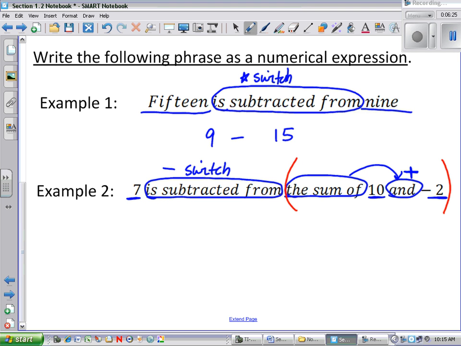I'm going to subtract 7 from the sum of 10 and negative 2. The sum of 10 and negative 2, that's the part that's going to go first. 10 plus negative 2. There's my sum, and then I need to subtract from it the number 7. And there's my phrase, or my numerical expression.